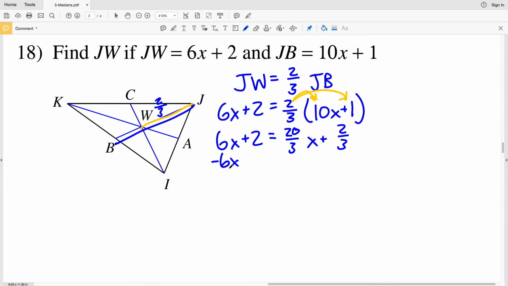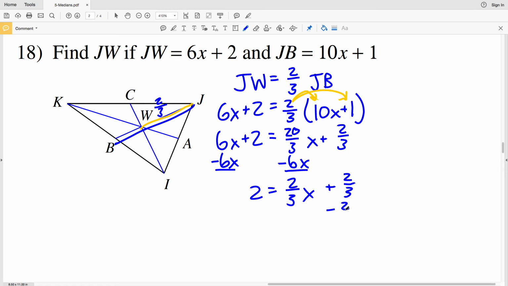I'll subtract 6x from both sides to get that 2 is equal to 20/3 x minus 6x, which we can think of 6x as 18/3. So 20/3 minus 18/3 is 2/3 x, and we're adding that to 2/3.